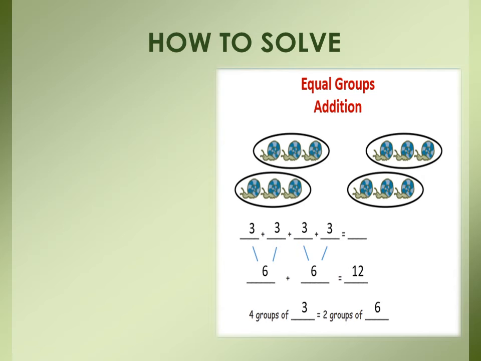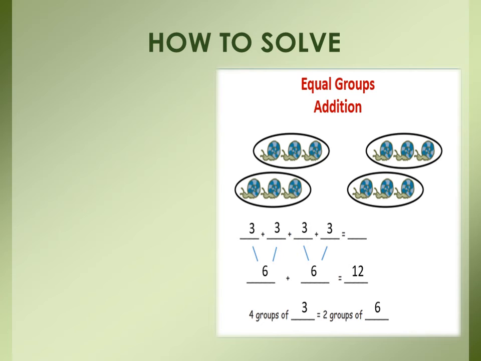Like in this picture, we are having 4 different groups, but all the 4 groups are having 3 snails each. You can count the number of groups. The groups are in circles. So we have 4 different groups. Now we will count the number of snails in each group.